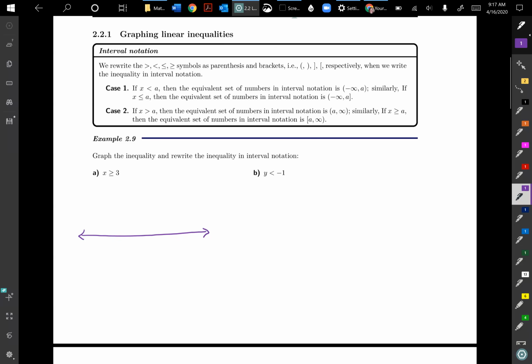So just draw as straight a line as you can, depending on what you're using. Paper, if you have anything to use as a straight edge, that's fine. And then you're just going to put in some tick marks here: 0, -1, 1, just kind of evenly space them out. Make sure you hit on the one that we're looking at in particular. x is greater than or less than 3, so we want to make sure we have a 3 included there.